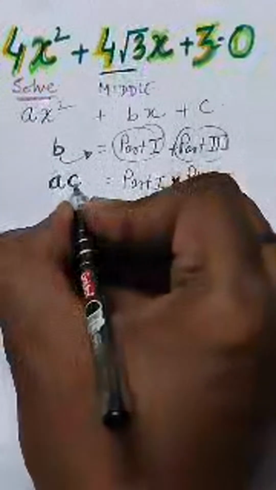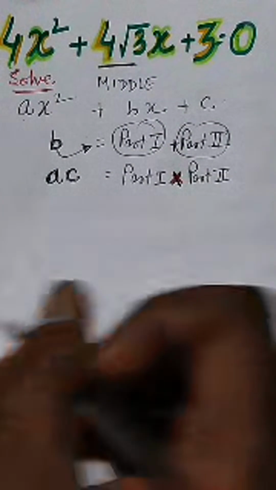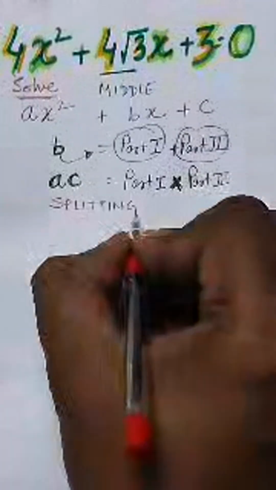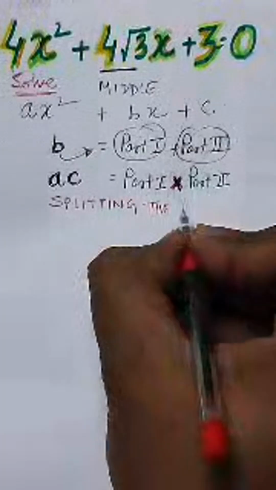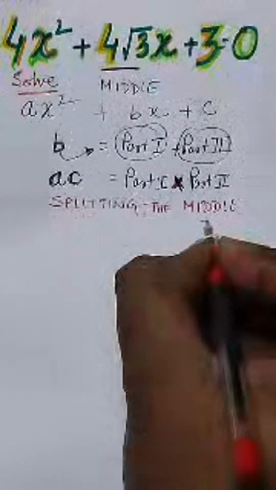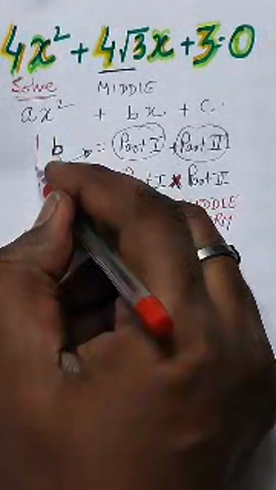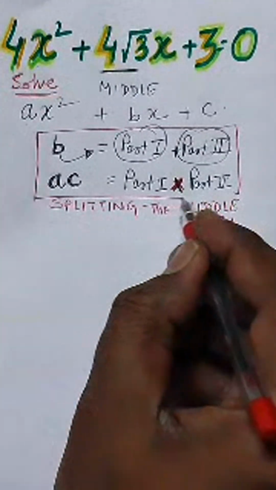You will get ac. This is the basic concept of splitting the middle terms, my dear friends, right? This is called splitting the middle term, my dear friends. Just we need to keep it in your mind.